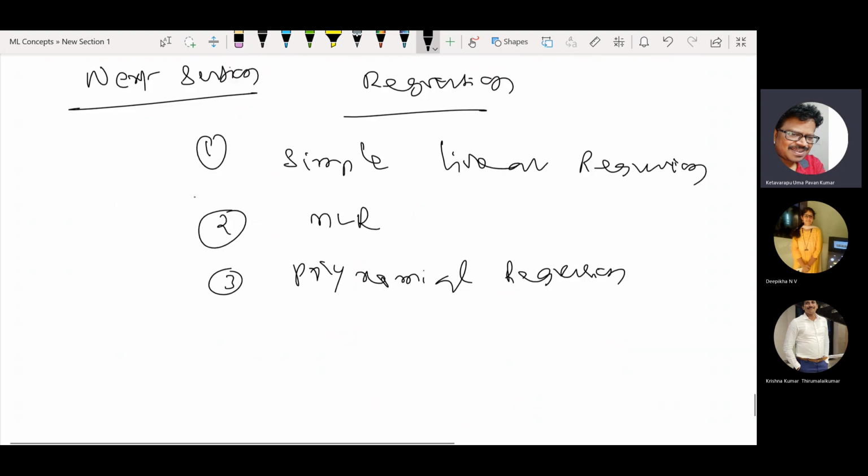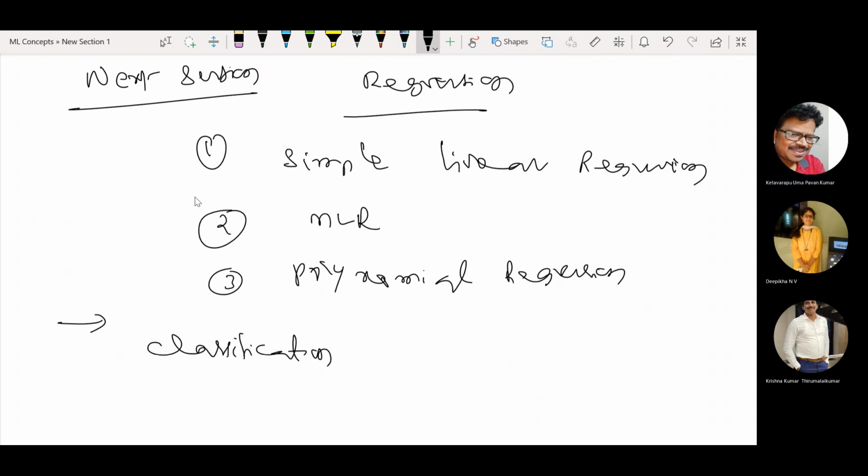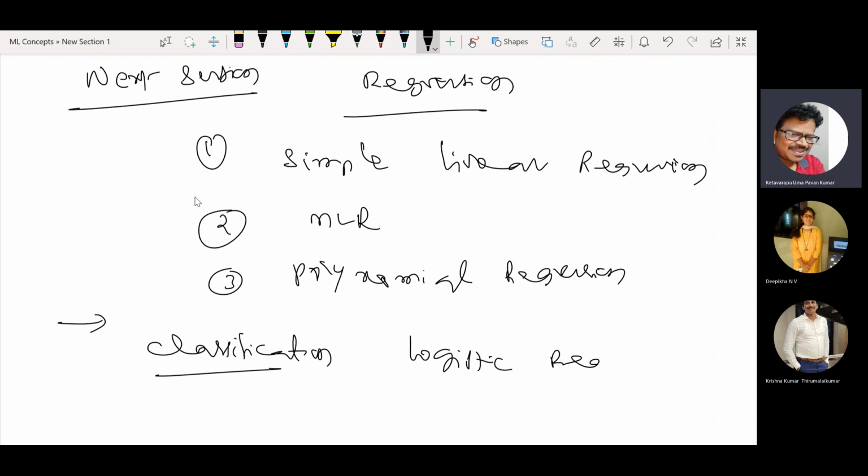But apart from that, don't get confused, guys. One more classification technique we have, that is logistic regression. Though the name says regression, it belongs to classification. The reason is simple: it gives a yes or no kind of output.